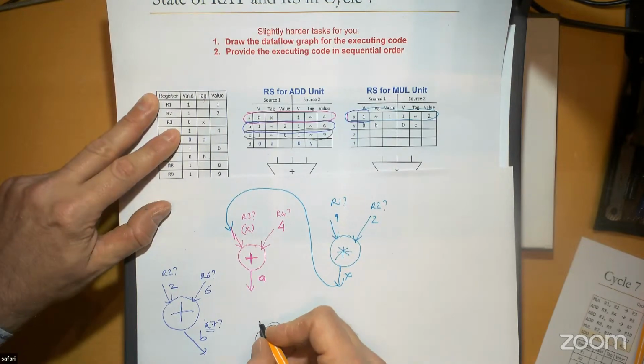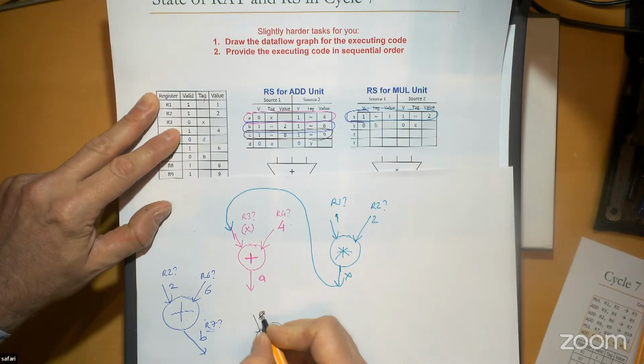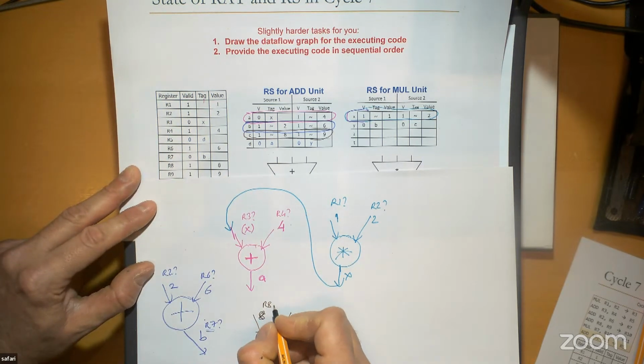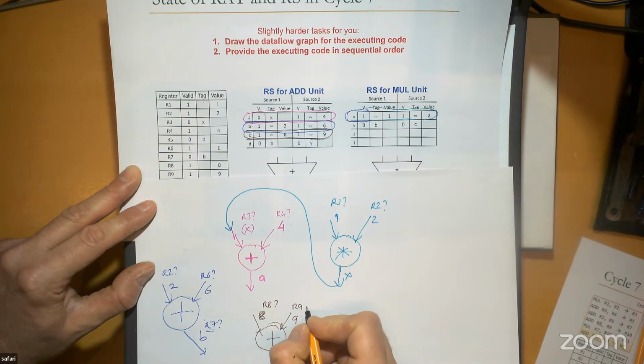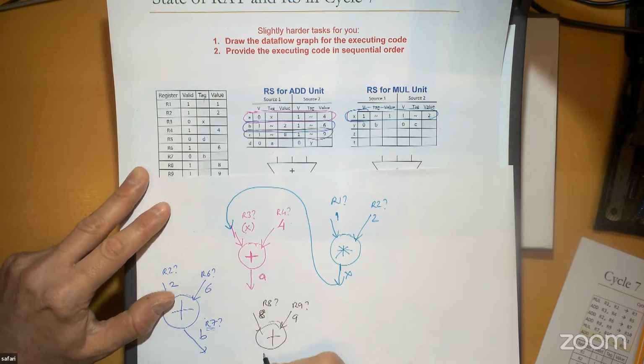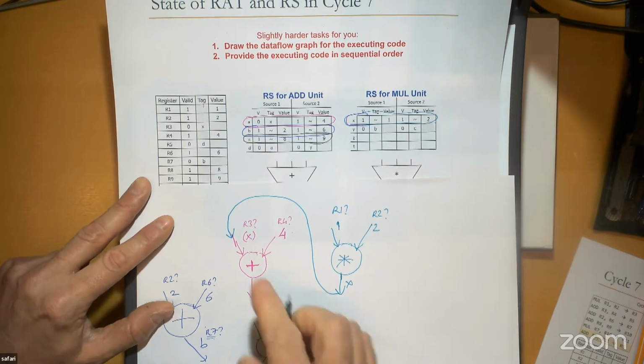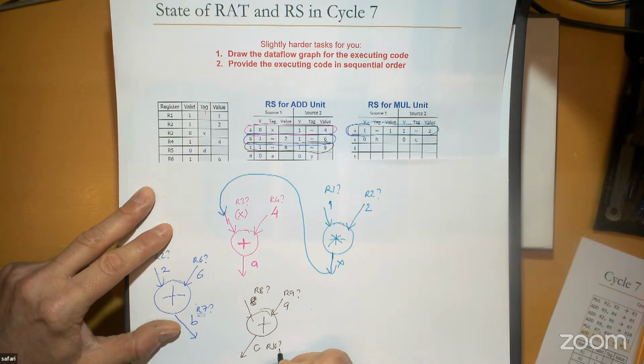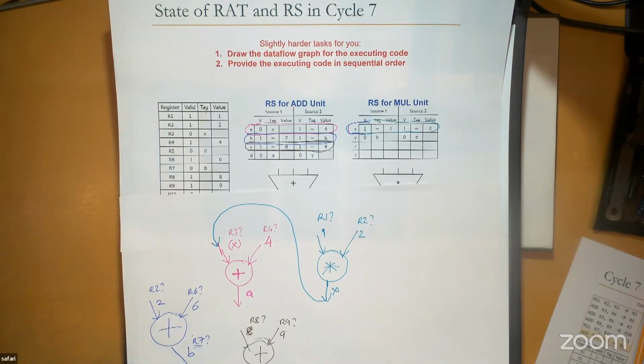This add has 8 over here as one input, it's ready. 9 over here as another input, it's ready. And again, I have a suspicion that this could be R8 and R9, and it's going to produce the tag C. And this C is probably R10. Okay, that sounds good also.